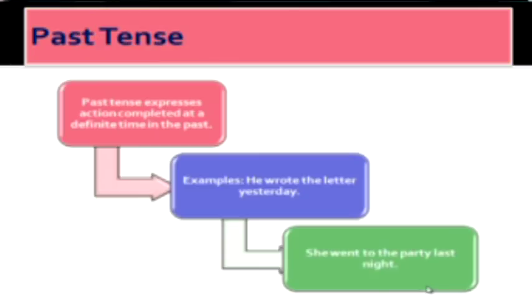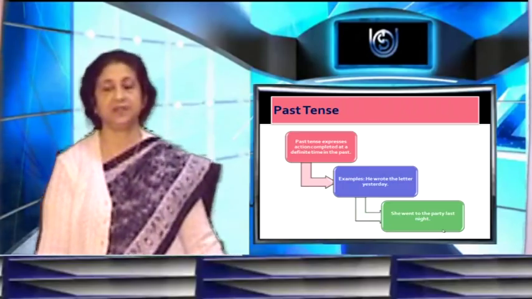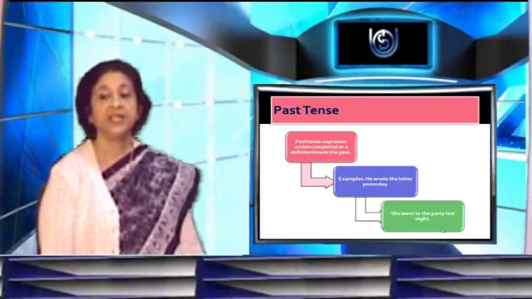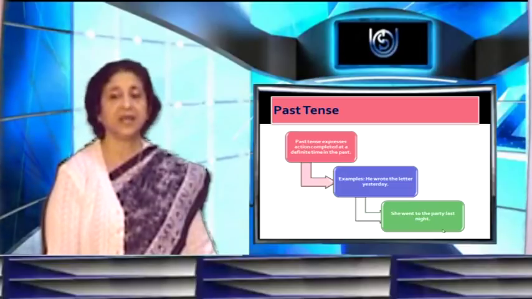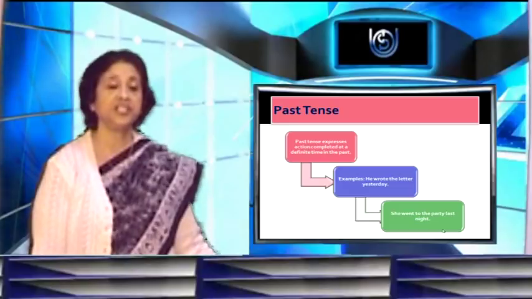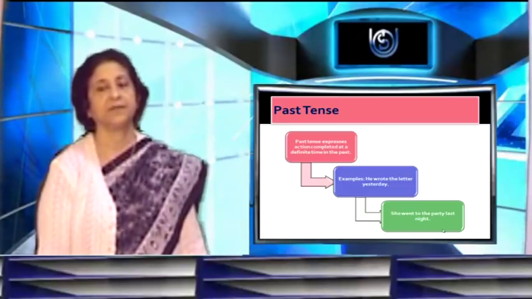Now past tense expresses an action completed at a definite time in the past, which is already over, finished. Like, he wrote the letter yesterday. She went to the party last night. In both examples, the action was finished previously, so it is past tense.